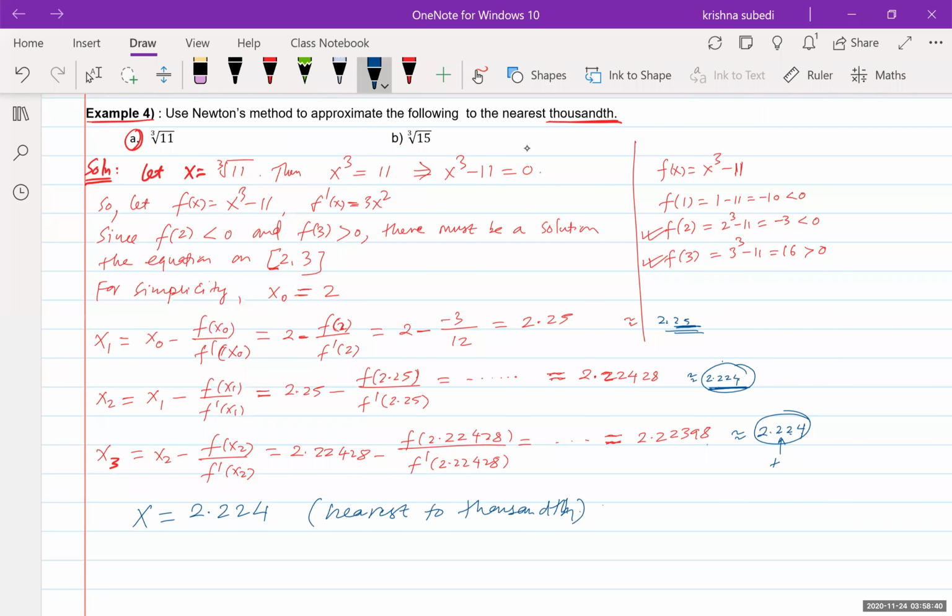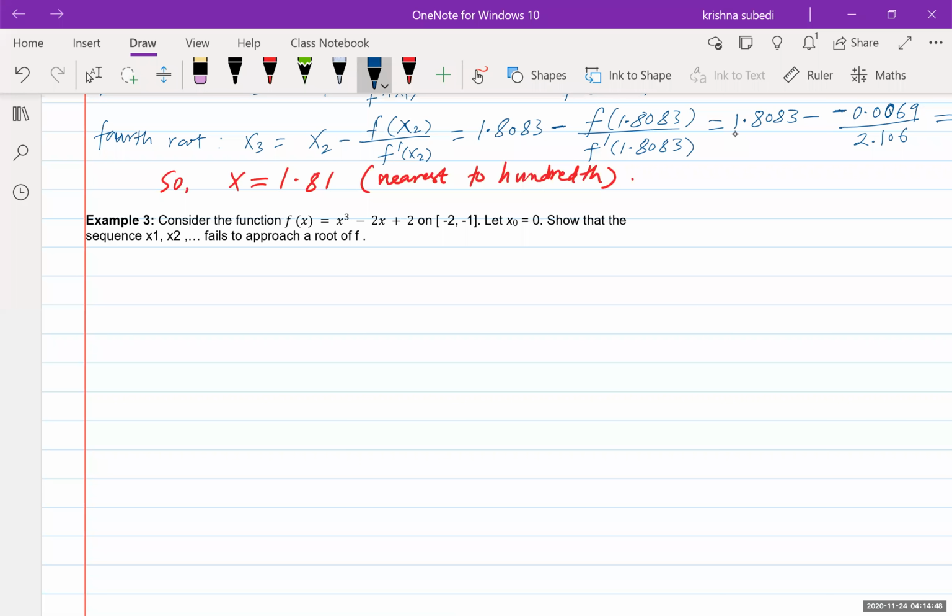Okay guys, this is all about Newton's method, and then we'll take a break. Okay, so we already learned how to apply Newton's method to solve given equations, to find the roots or zeros of a function.